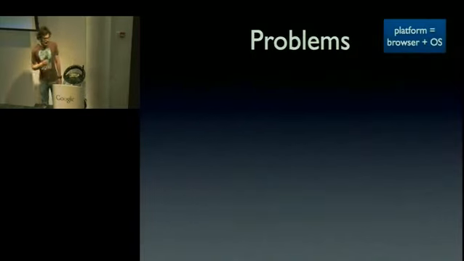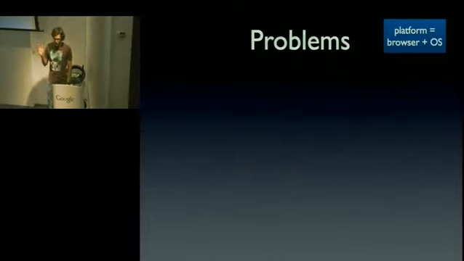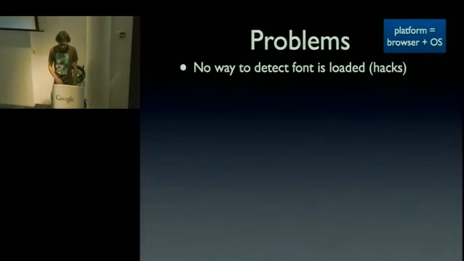Okay, now let's look at some problems that we have. In the following, I'm going to use "platform" for the browser plus OS combination. There's actually no real way to detect if a font is loaded. There are things like seeing if the width of something changes or if there's some output, but there are edge cases where you just have a white space.